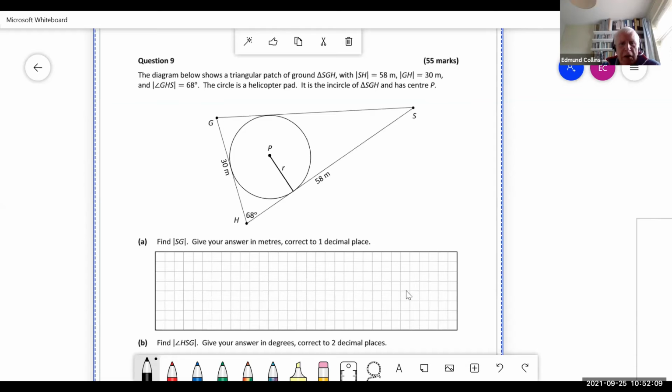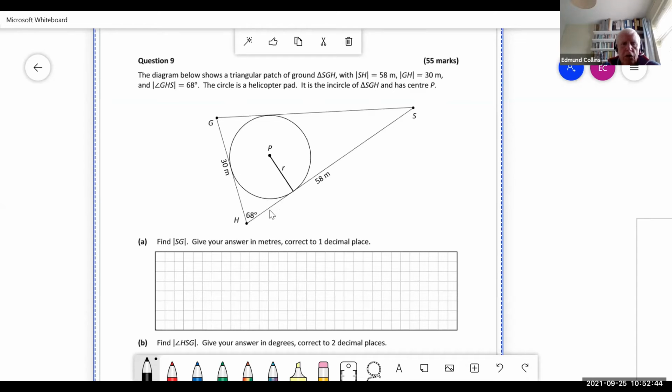So interesting problem here. We obviously haven't got a right angle triangle. So we do have a triangular patch of ground with the triangle SGH here. And as I mentioned earlier, they're going to give you some information. So in this case, they've given us length SH is 58 meters and length GH is 30 meters.